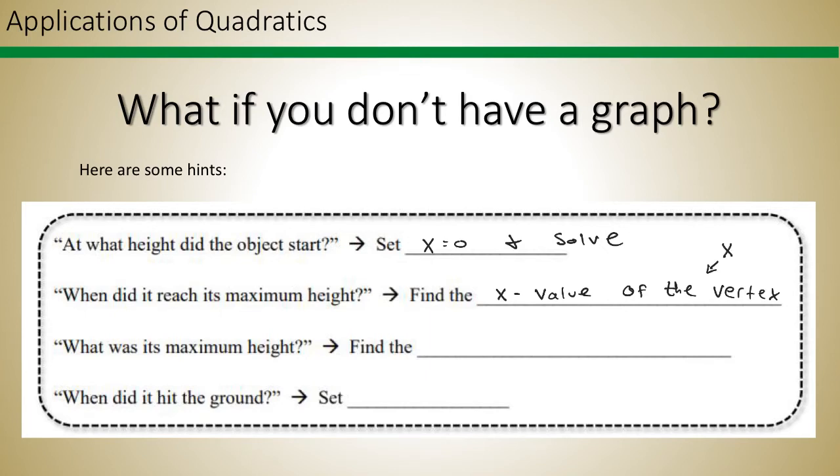The formula for that is x is equal to negative b over 2a. That's how we are going to find that time, okay? What was that maximum height? That's going to be the y value of your vertex. So we're going to take that x value that we already have, and we are going to sub it back in for y.